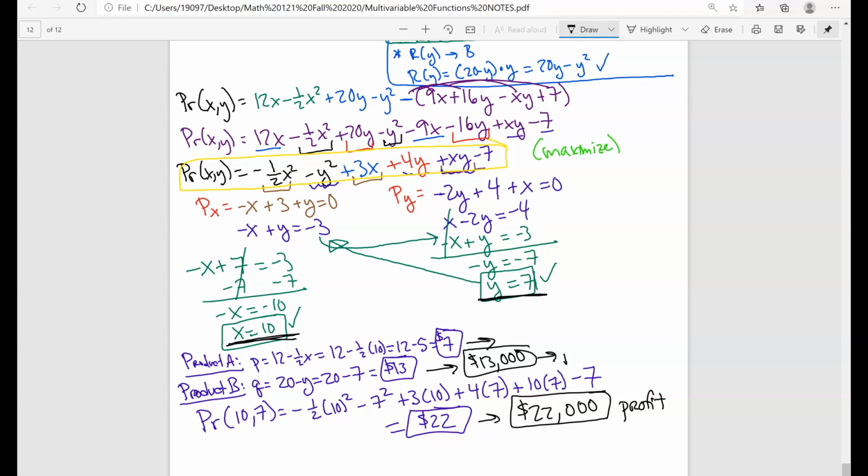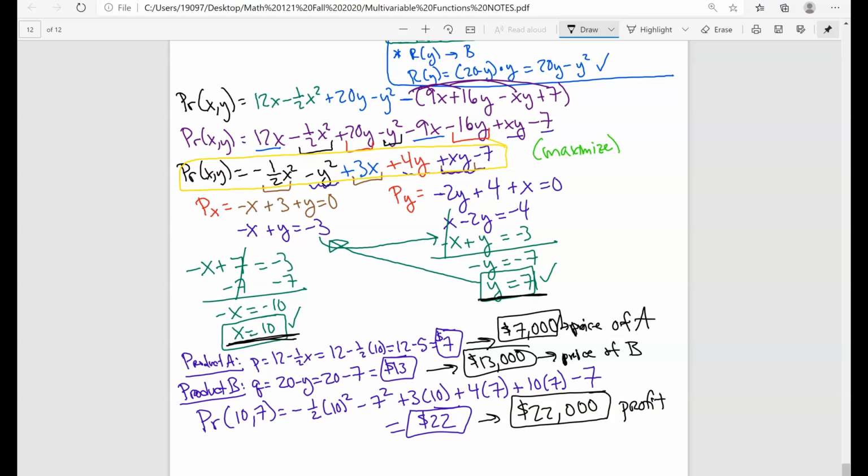I'm sorry, not in profit, in price of B. So that's what the price of B should be. This one should be 7,000, and this is going to be the price of A.